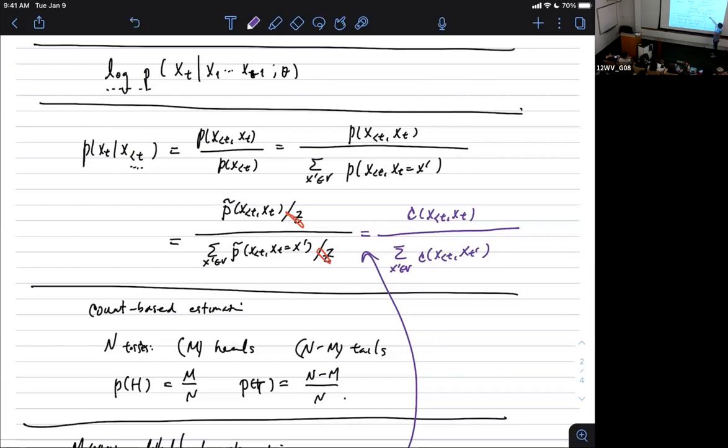And then I'm going to look at the counts of New York City, New York University, New York Fire, New York Police, New York Times, New York Cat, New York Dog. I will go through all possibilities, count them, and sum them. Then I divide the original count by that sum, and that's how I get the probability of "city" following "New York." That sounds easy enough, right?